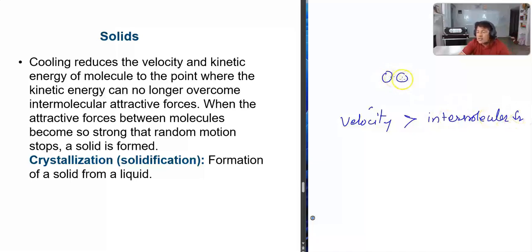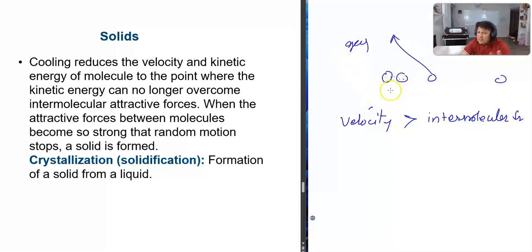If the velocity is enough to pull them apart, it becomes a gas. And if the velocity is enough to take them apart, then it liberates and becomes a gas.